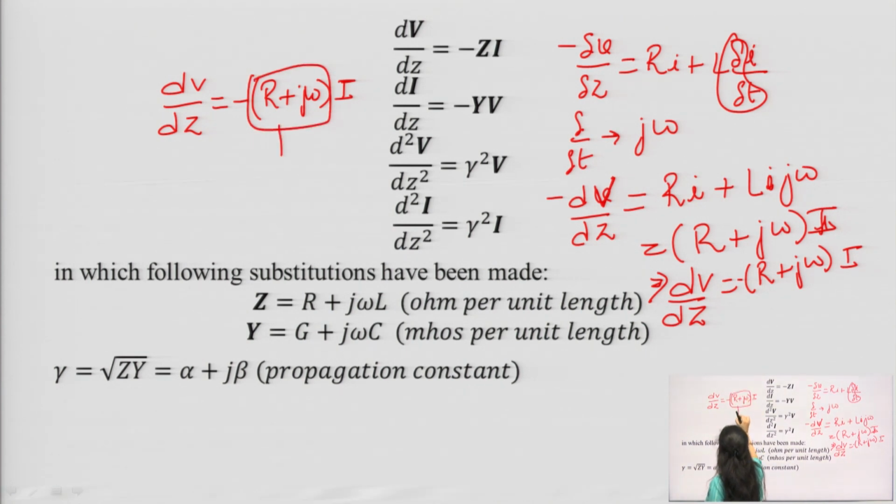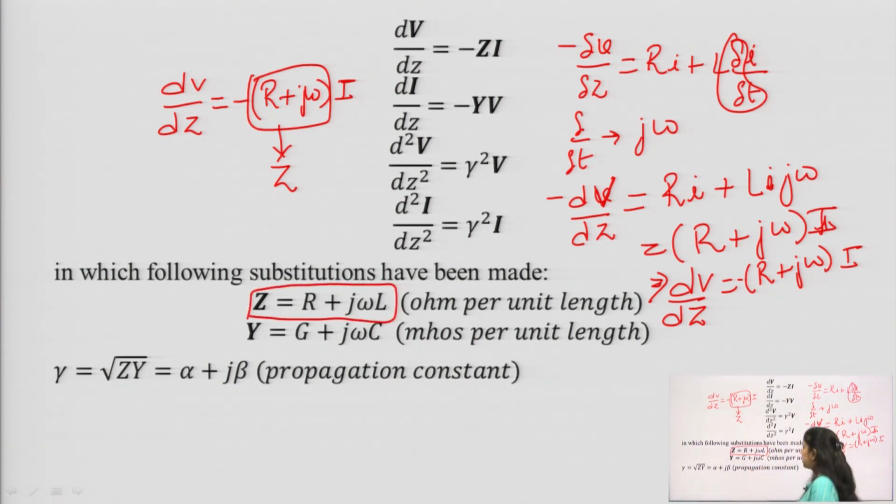This term is replaced with Z, so Z is equal to r plus j omega L.